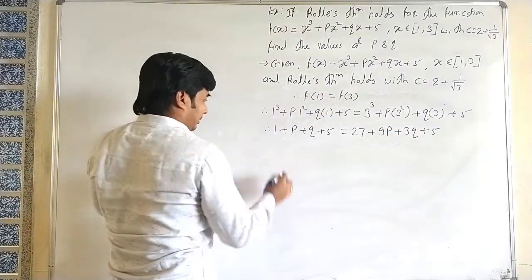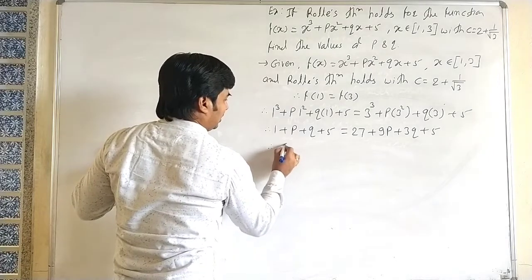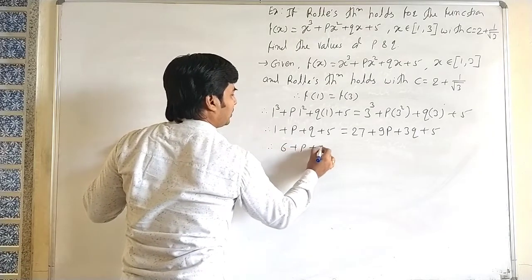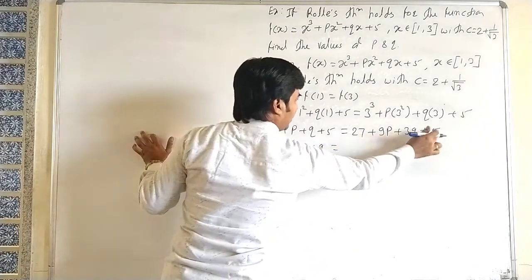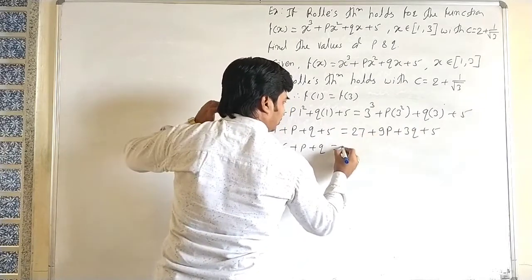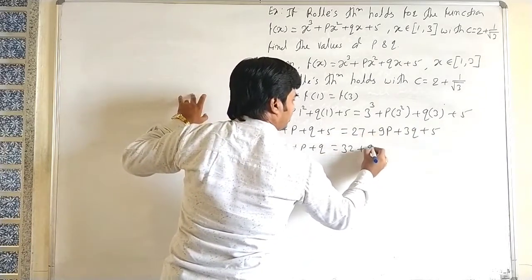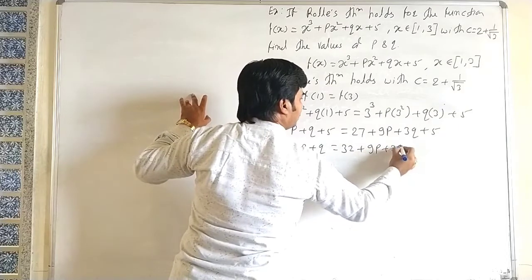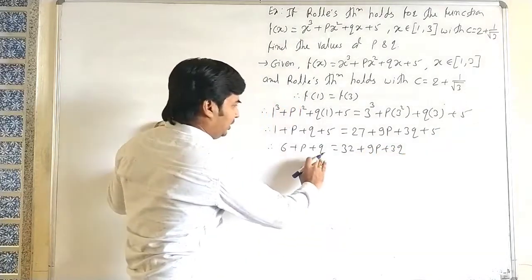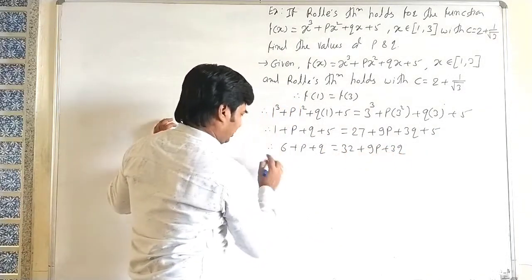Then it is 6 plus p plus q is equal to 27 and 5, it is 32 plus 9p plus 3q. Therefore p and q go to one side, 32 goes to the other side.